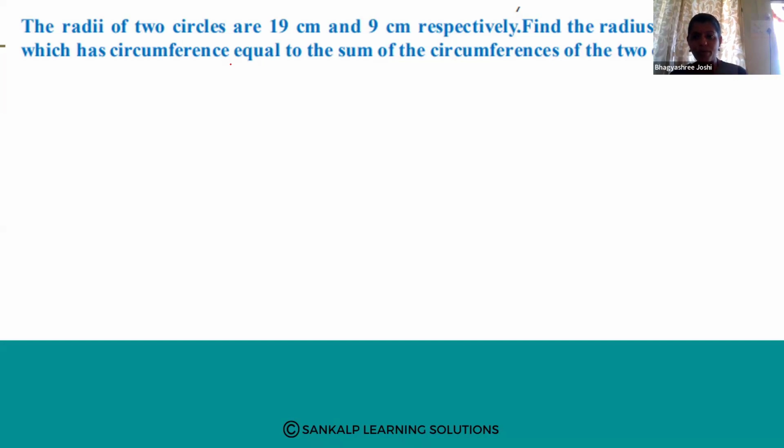So in the previous problem, observe carefully, area is equal to the sum of areas of the two circles. But here the circumference of the big circle is equal to the sum of circumferences of the two small circles, right? So consider this is one circle, and its circumference is equal to the sum of the two circles.